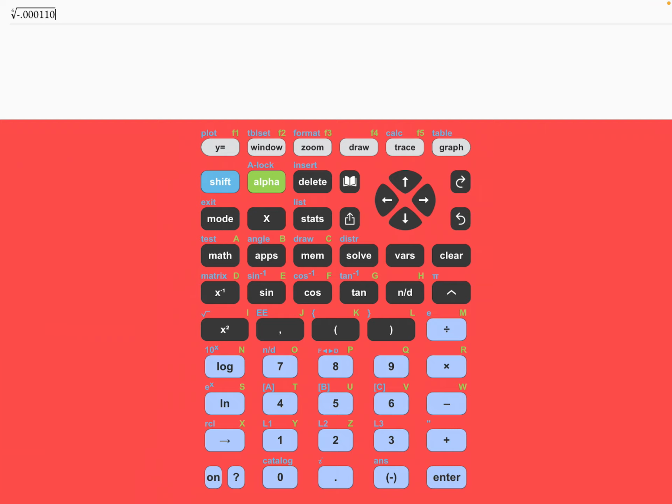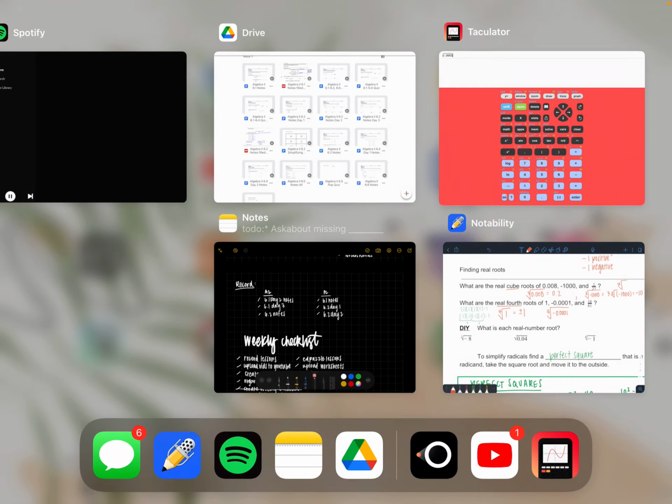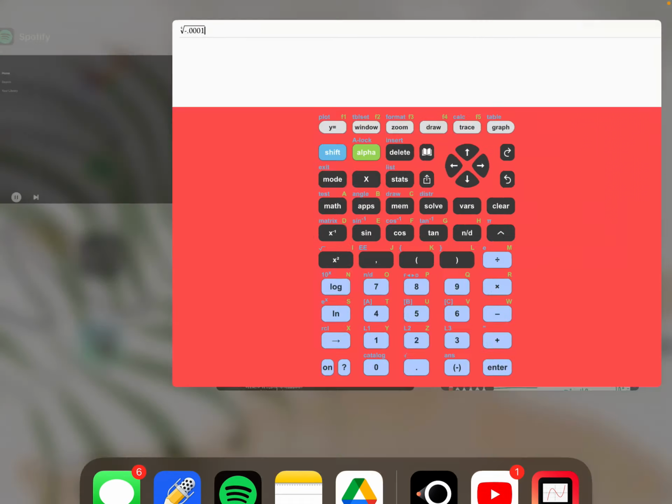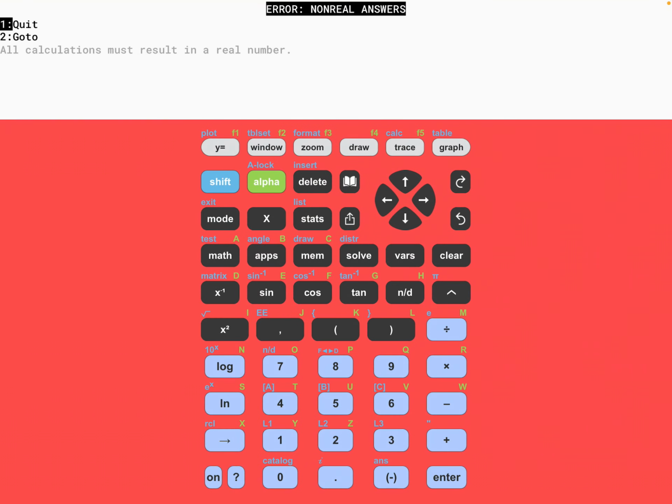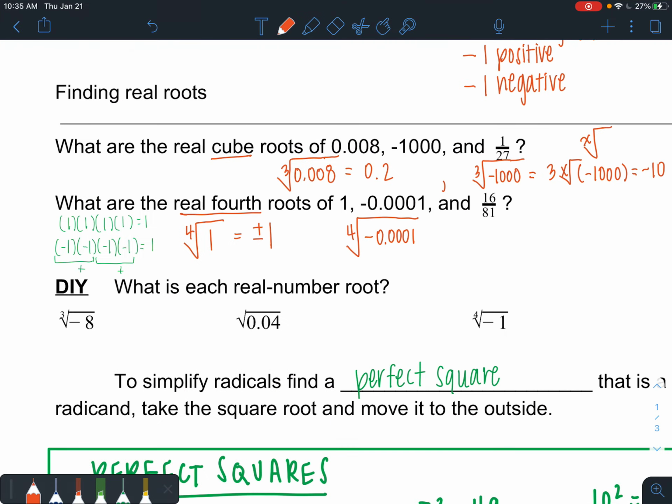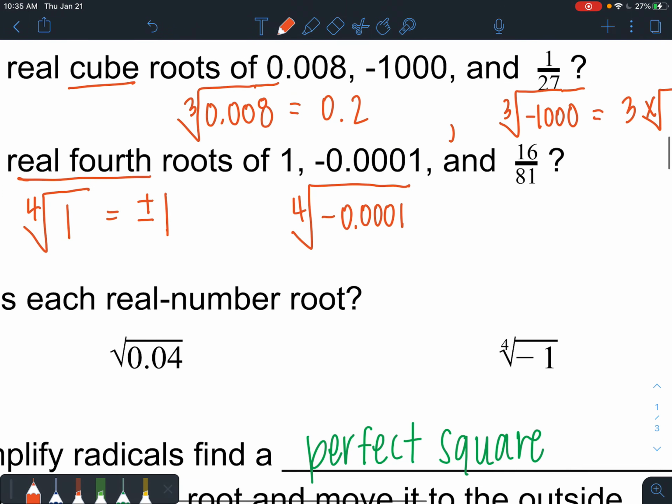I think there are 3 zeros. Yeah. Hit enter, and I get a non-real answer. It says error, non-real answer. So that is what we're going to put, non-real root. We can't take an even root of a negative number.